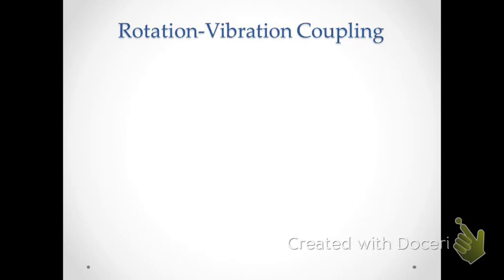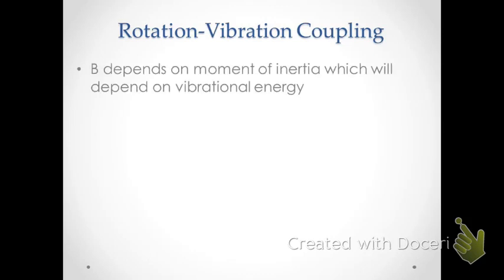Well, again, we'll talk about this in more detail in the lab, but it's due to something called rotational-vibrational coupling. This is due to the fact that the rotational constant actually depends on the vibrational energy. That's because the rotational constant is dependent on the moment of inertia, and the moment of inertia depends on the square of the bond length.